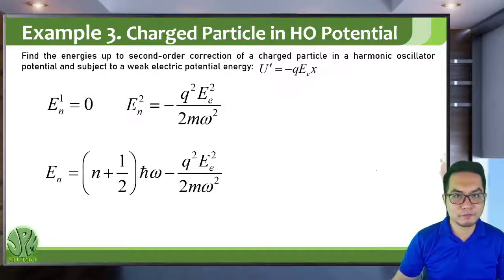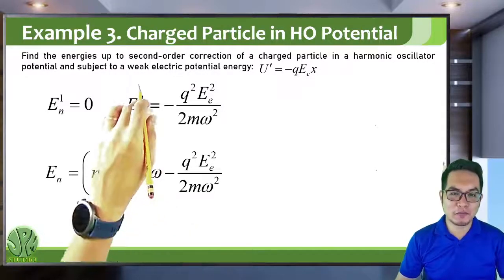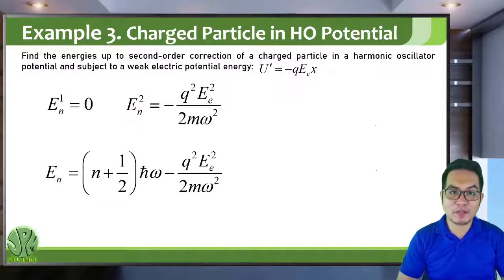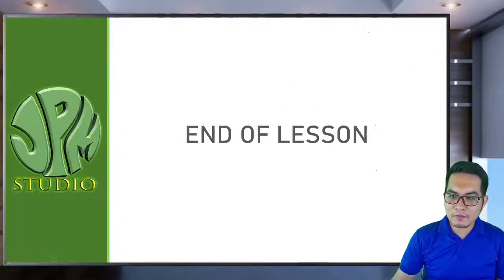So that is it for a charged particle in a harmonic oscillator potential subjected to a weak electric field. Take note, this is a weak electric field because perturbations are assumed to be very small disturbances in the system. So that is it for this lesson.